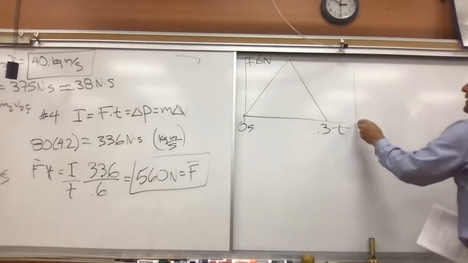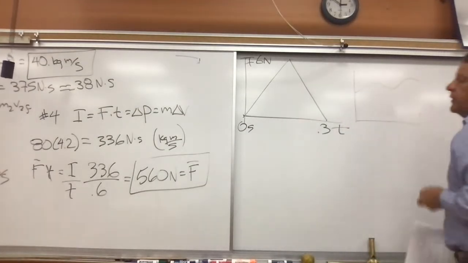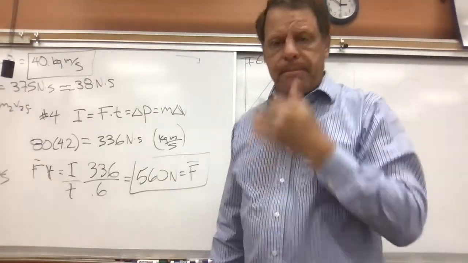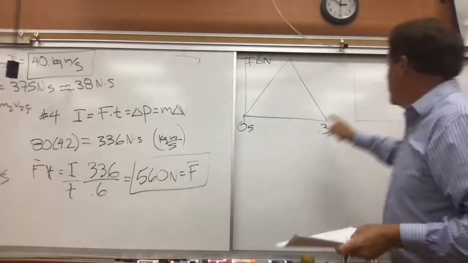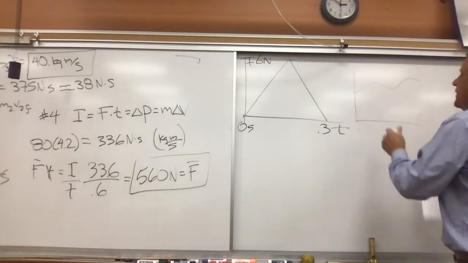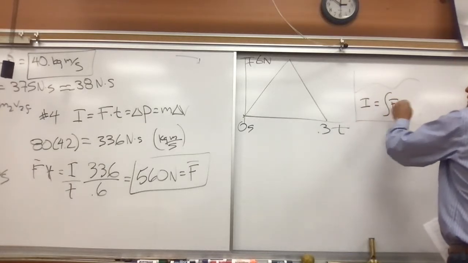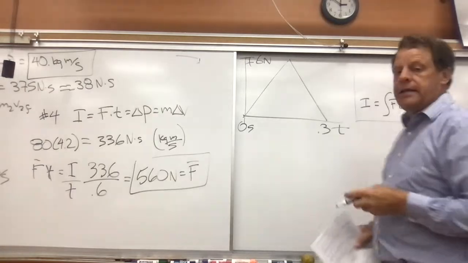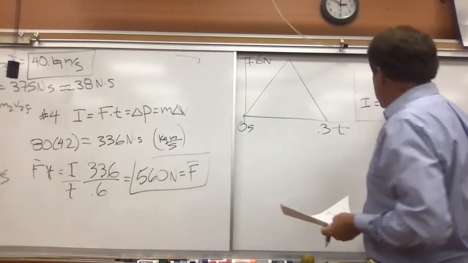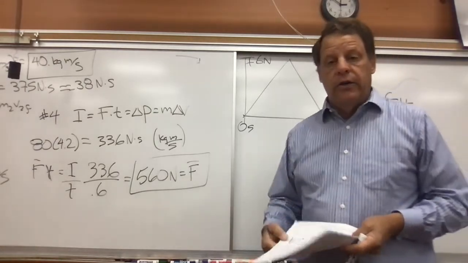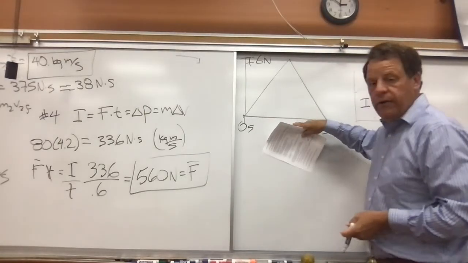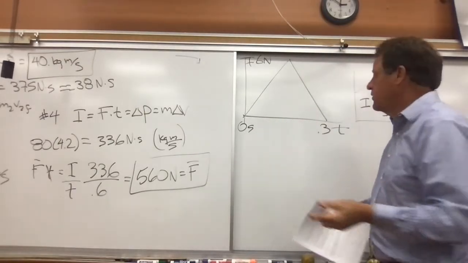So remember, if we had something like an unknown function, that impulse would equal the integral of force times dt, okay? But essentially, remember, an integral is just the area under the curve. And so we have an area here just because it's a triangle.